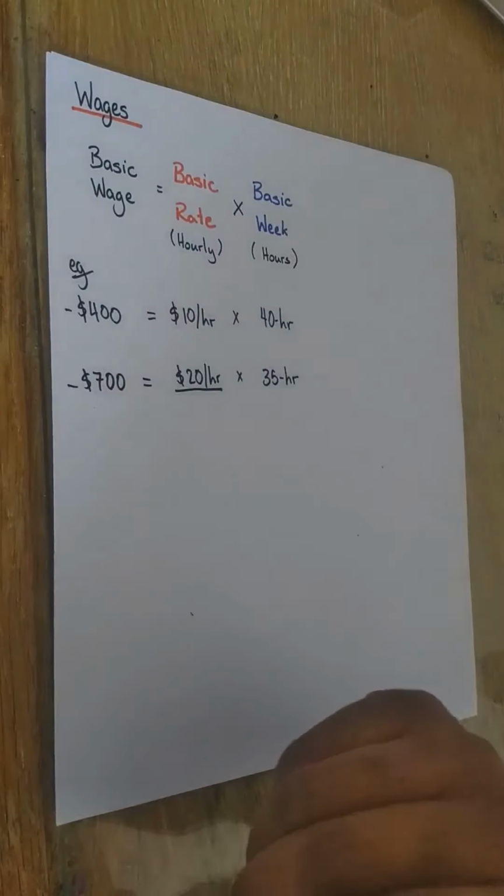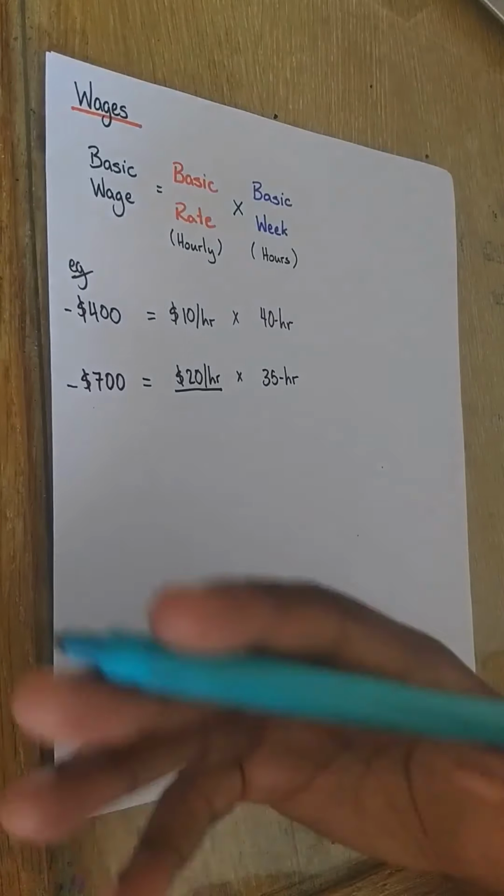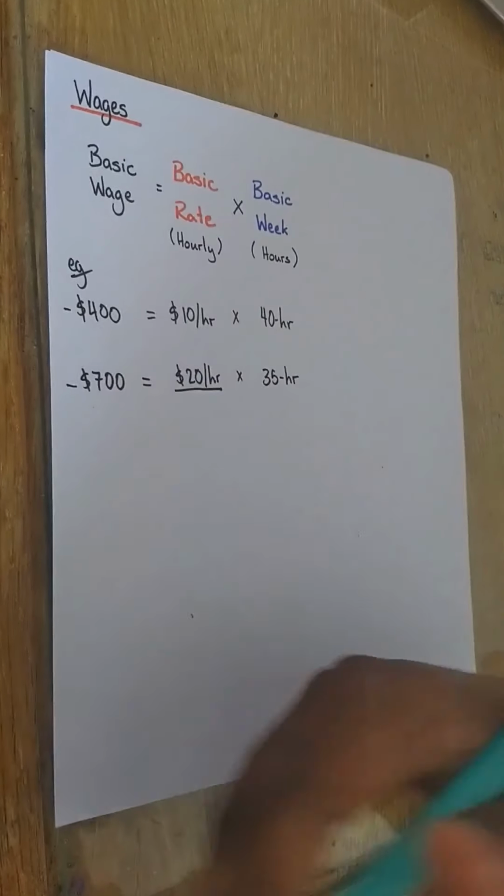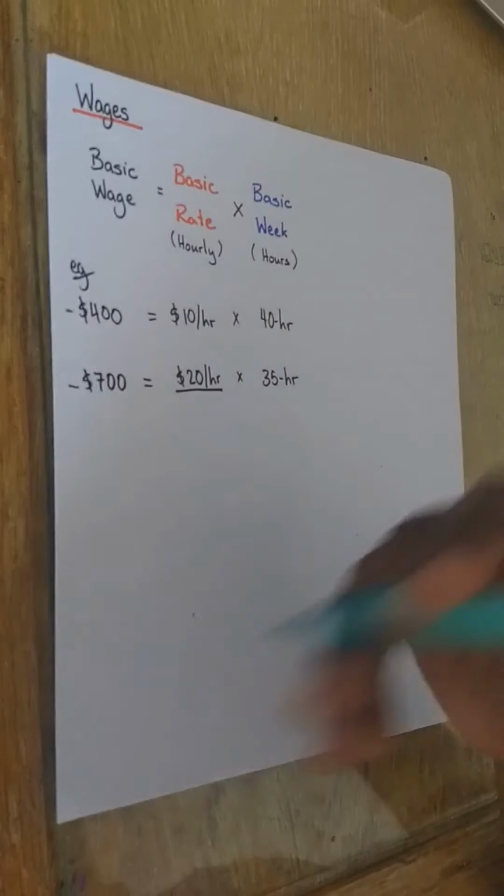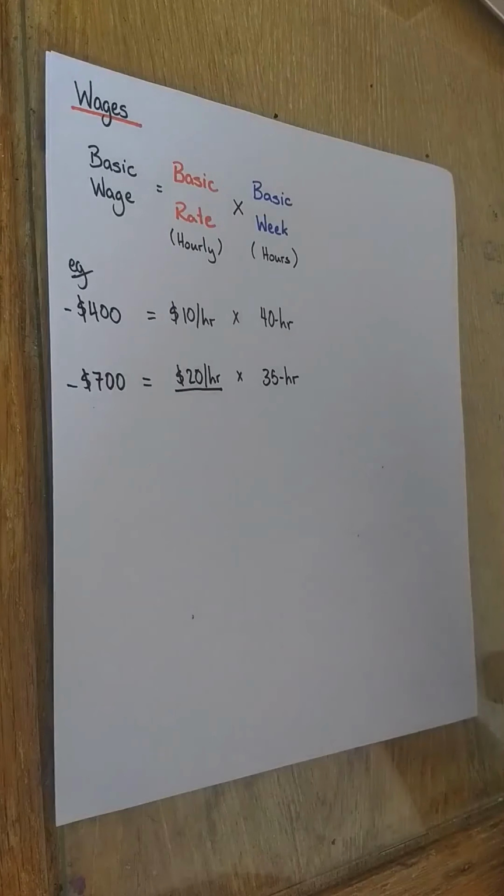So given the relationship between the basic wage, the basic rate, and the basic week, if we know any two of them, we can use them to solve the third one.